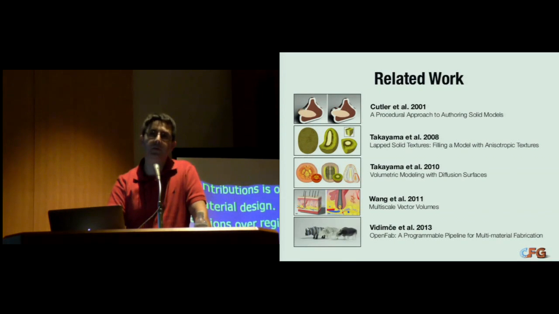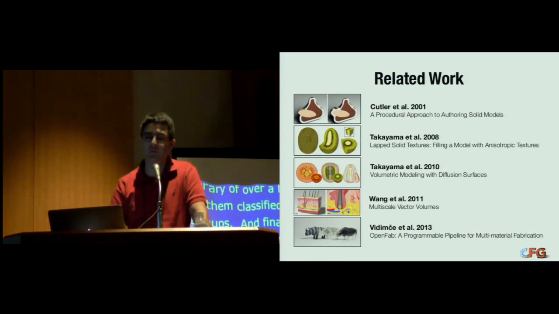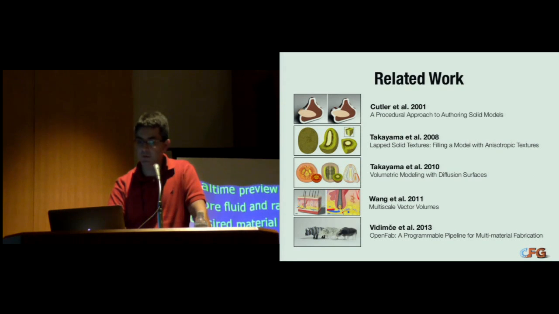Foundry can also be thought of as a volumetric modeling tool. And of course, there is a rich body of literature that describes other approaches to solid modeling, including Cutler's procedural language for solid modeling, first described in 2001, the work on data-driven modeling, such as using lapped solid textures by Takayama et al., and modeling with diffusion surfaces also by Takayama and collaborators.